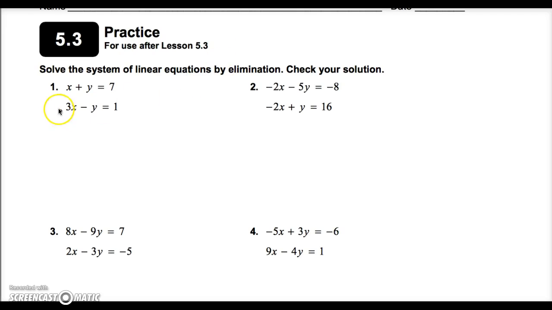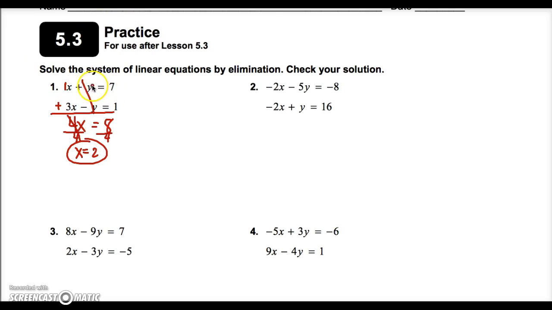So we're going to add these two together. x, remember that has a 1 in front of it, plus 3x would give me 4x. y plus a negative y cancels. And 7 plus 1 equals 8. And to get that x alone, we divide by 4. So x equals 2.